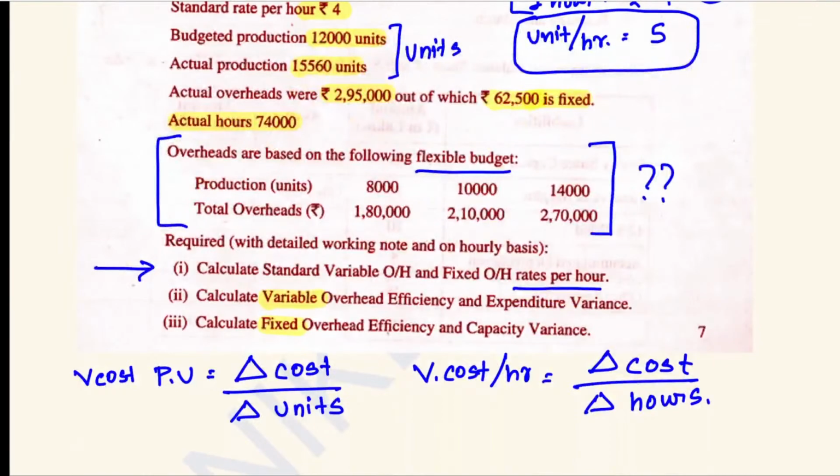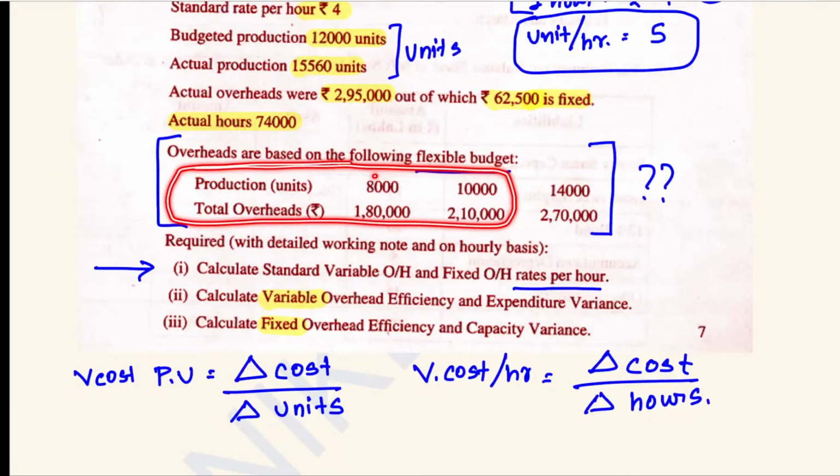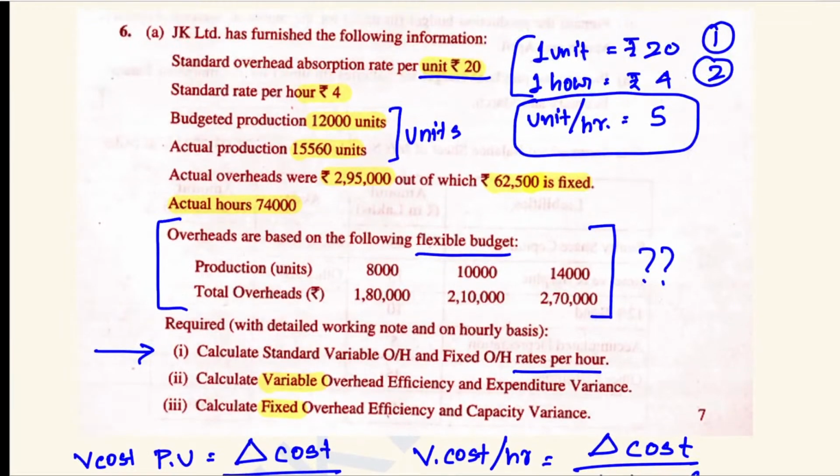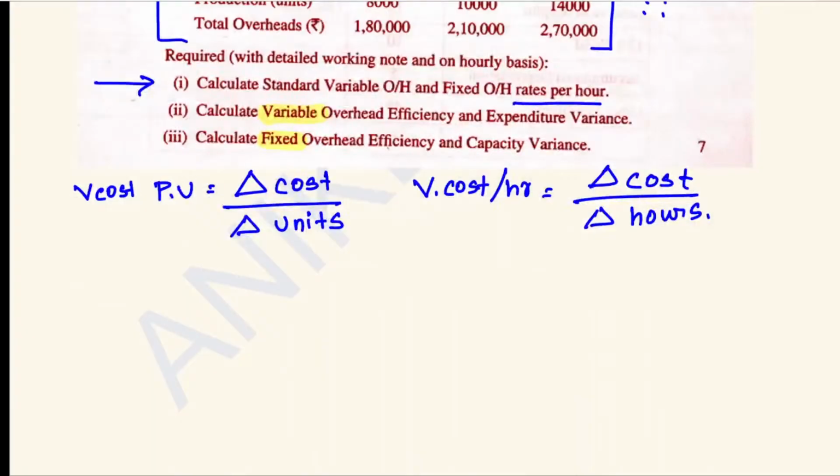Now let us use this table. Take any 2 period data. Let's consider this and this. On the numerator, I have the difference in cost, which is the difference between these two: 2.1 and 1.8 lakh.